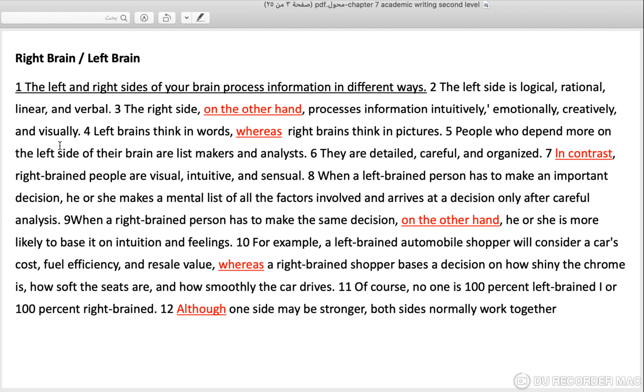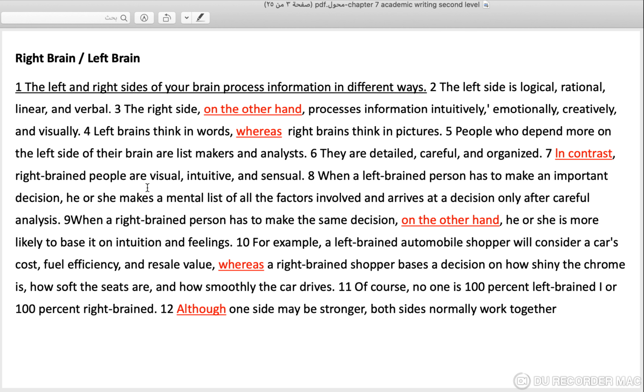For example, a left-brained automobile shopper will consider a car's cost, fuel efficiency, and resale value, whereas a right-brained shopper bases a decision on how shiny the chrome is, how soft the seats are, and how smoothly the car drives.